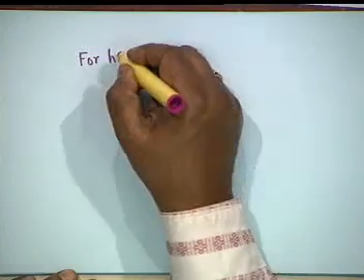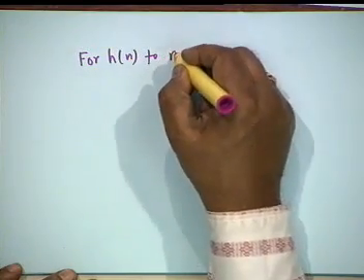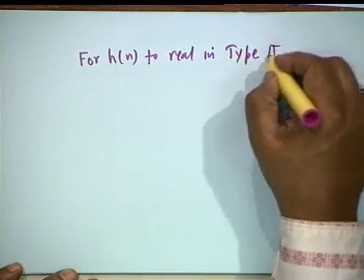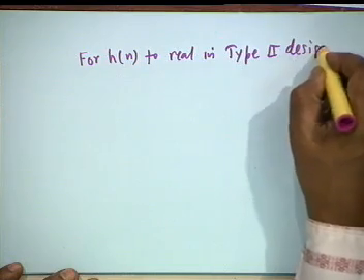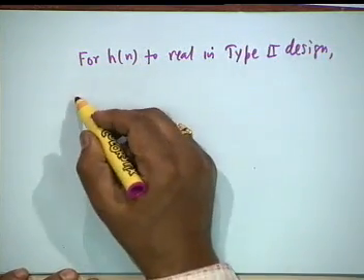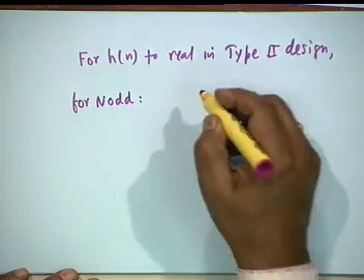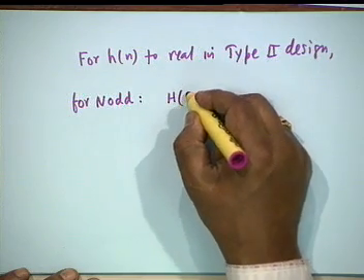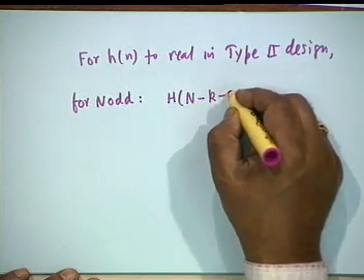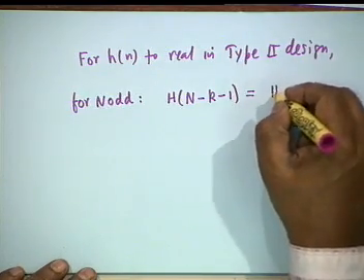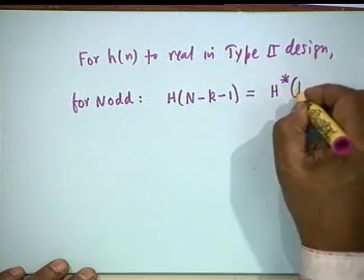That is, for h of n to be real in type 2 design, we shall have for n odd, the conditions: capital H of n minus k minus 1 should be equal to capital H star of k.